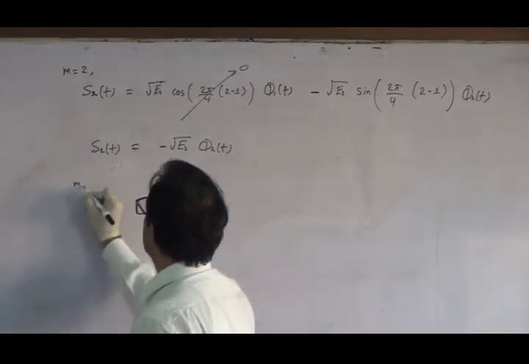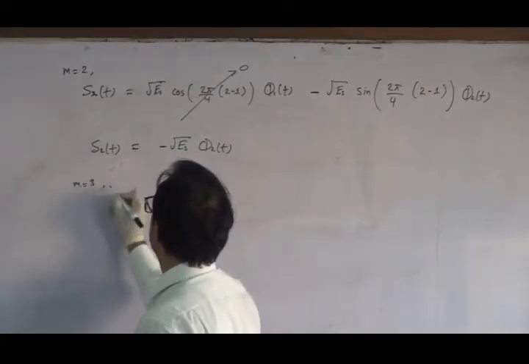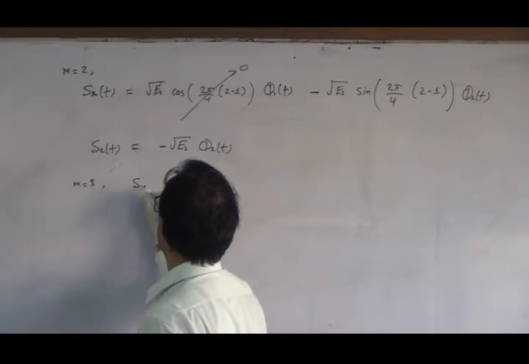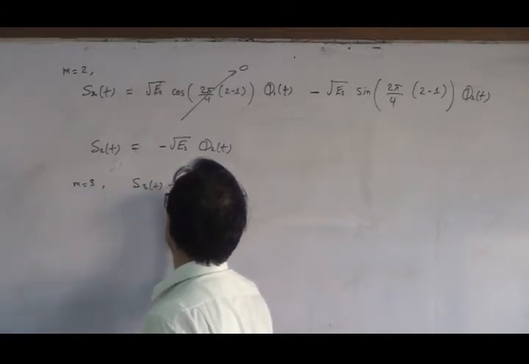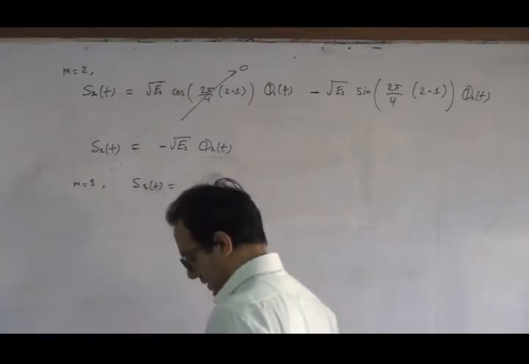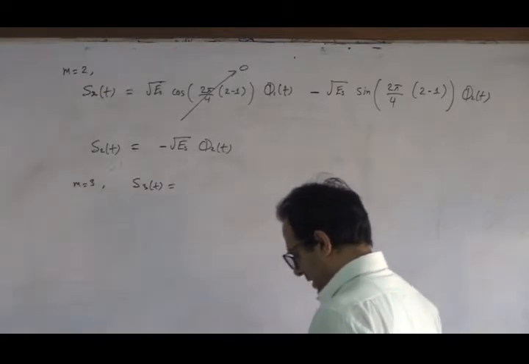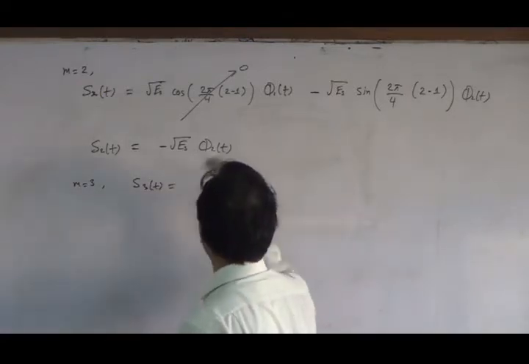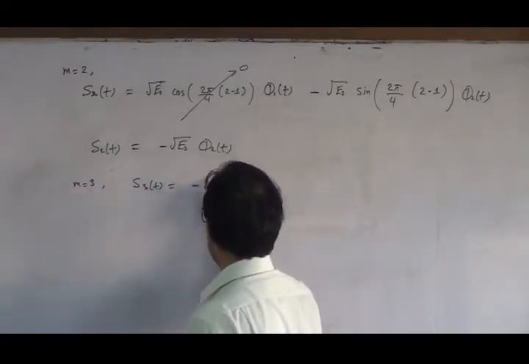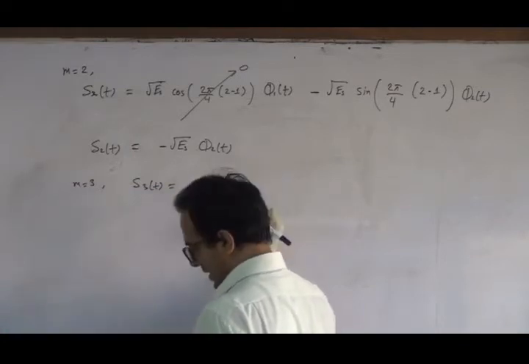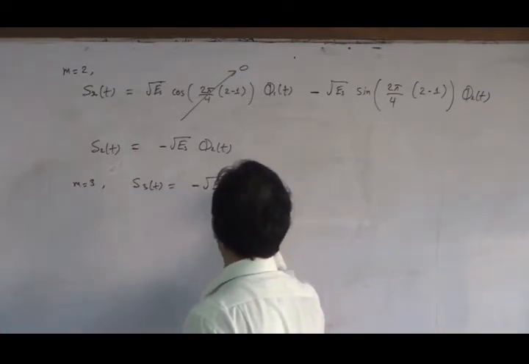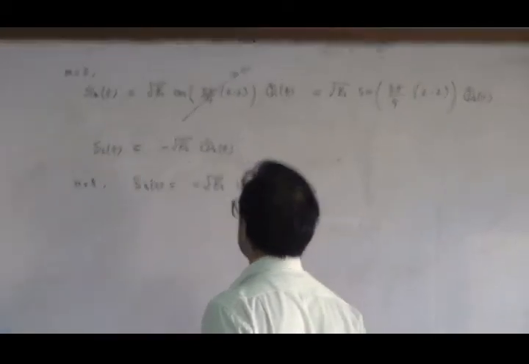How about m equivalent to 3 and m equivalent to 4? S3 of t likewise will become, if I solve it directly, you can check later, minus under root Es times phi 1 of t.